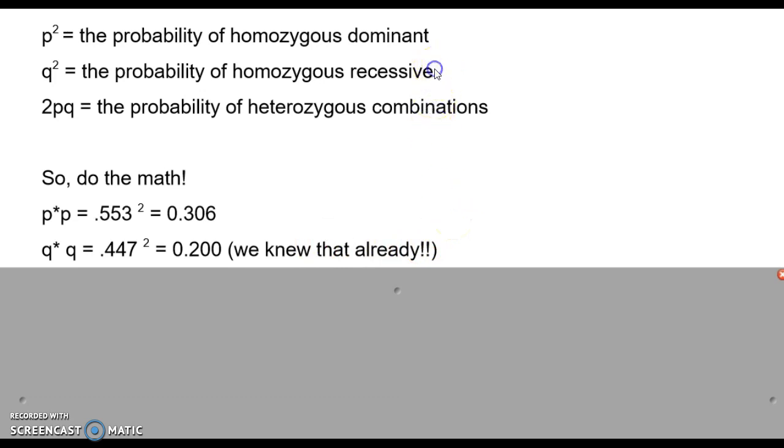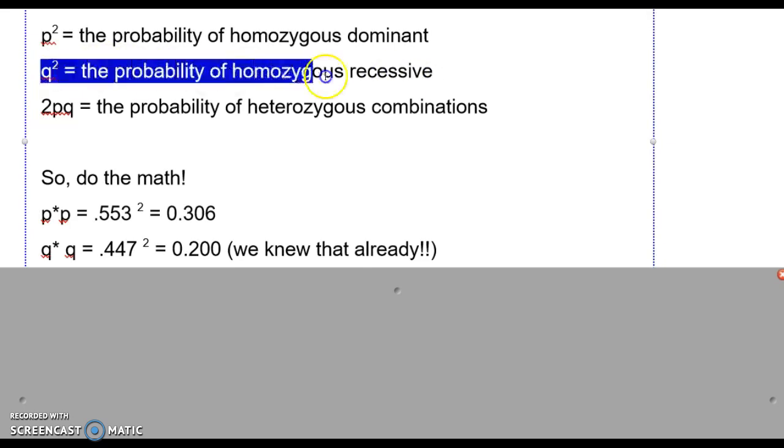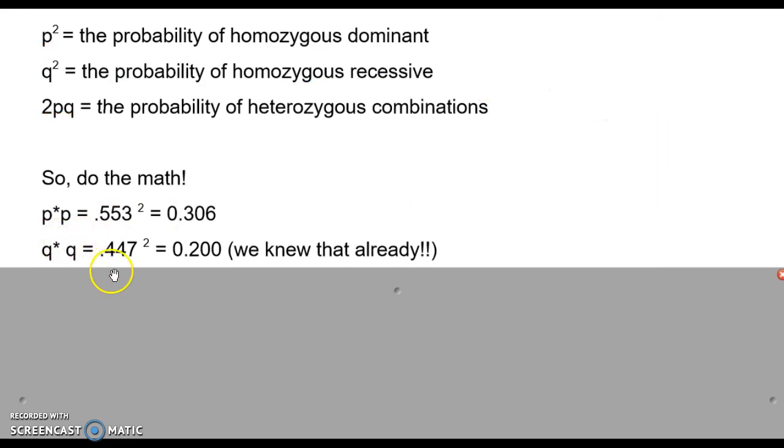So in all honesty, when we do any of these kinds of problems, Q squared, the genotype combination that is tied to the homozygous recessive trait, is the first thing that we know. But anyway, it's good to confirm here that we're back to 0.200.